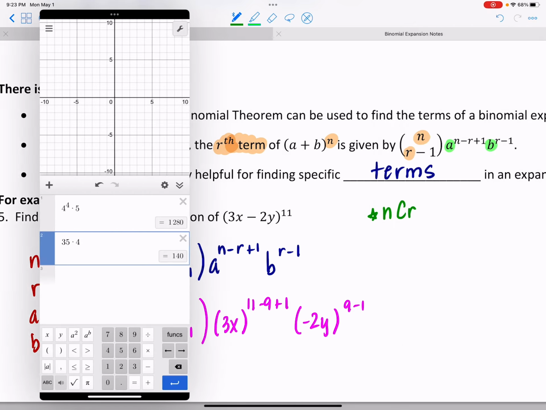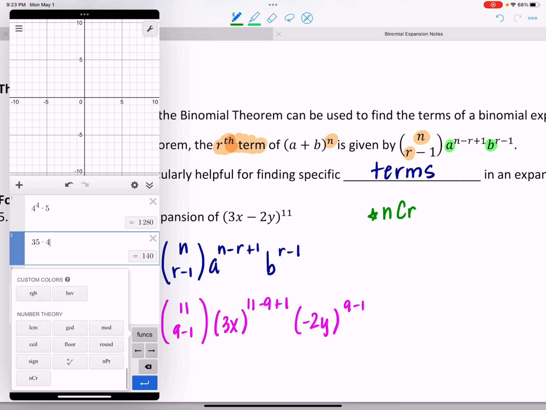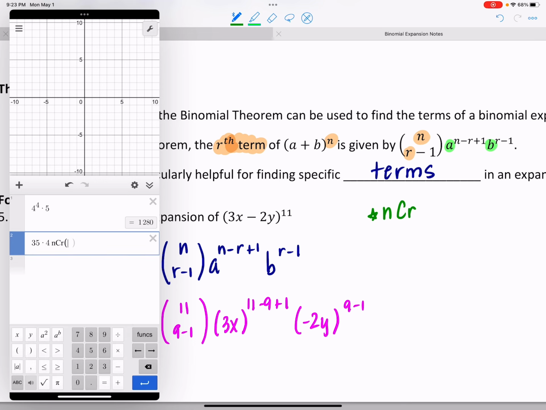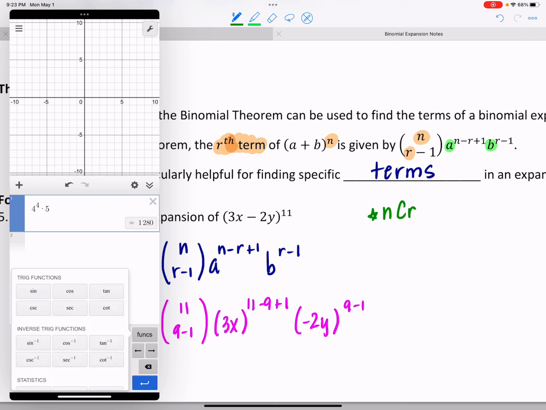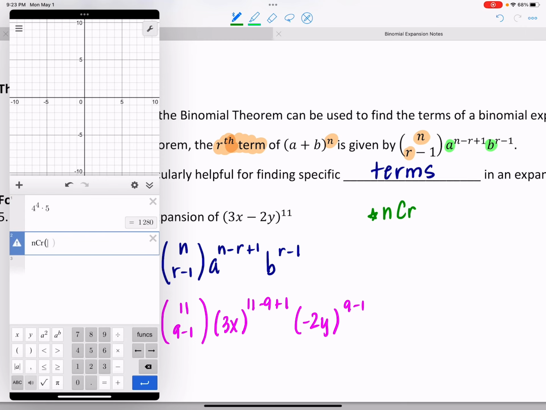Ultimately, all you need to know is it's a feature of the calculator. If you go into Desmos and scroll all the way to the bottom, you will see that nCr button. What you're going to put in the nCr is the top number, then a comma, and then the bottom number.